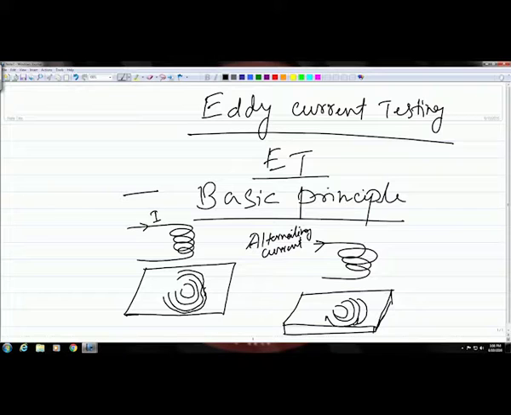Now, if you can connect a detector to this coil which can detect this change, then this will tell you that there is some discontinuity on the surface of the second conductor, and that is how you will come to know about defects and flaws on the surface of a conductor, which is being brought close to this coil, which is carrying an alternating current.